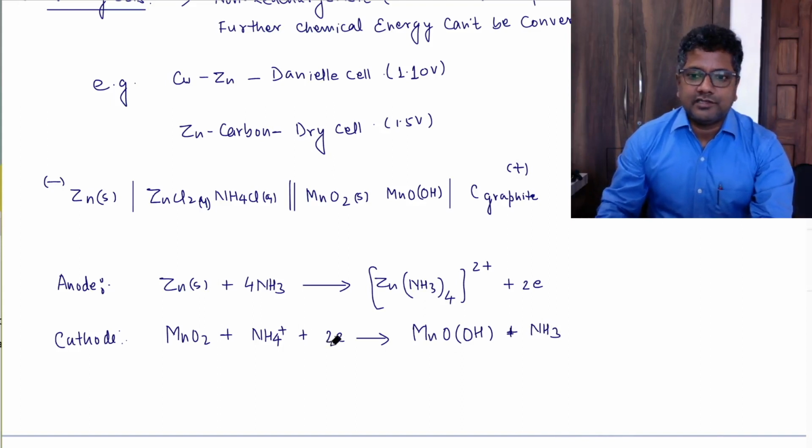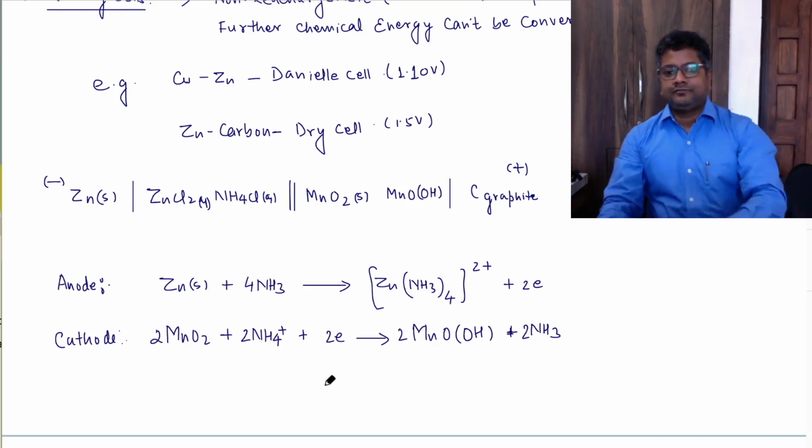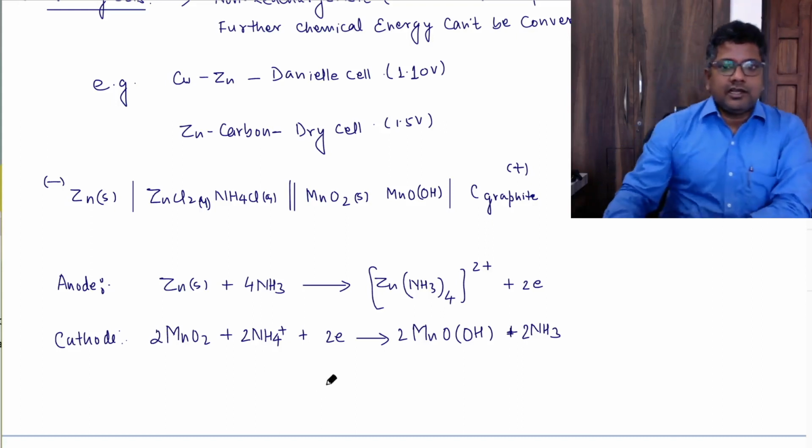So balance this equation. So 2 electrons, 2 NH4+, so 2 ammonia. So you have to multiply the whole equation by 2, right? Okay. So this is the reduction equation.